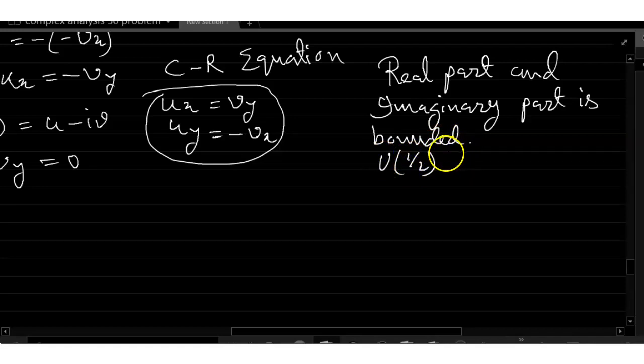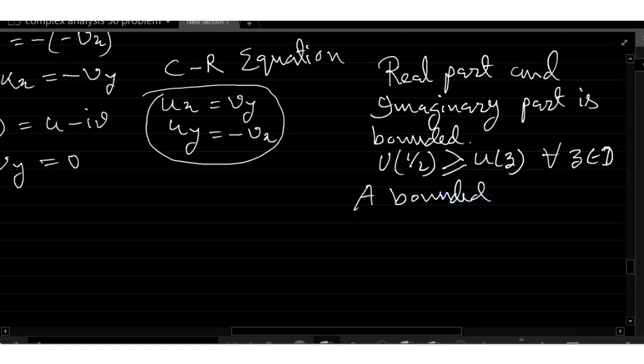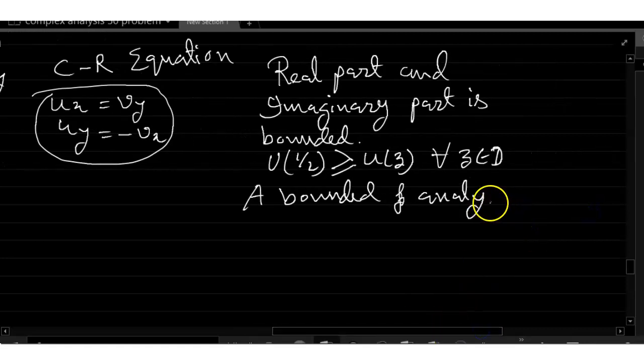So you have |f(z)| less than or equal to a bound for all z belonging to D. So by the Liouville theorem, a bounded analytic function is constant.